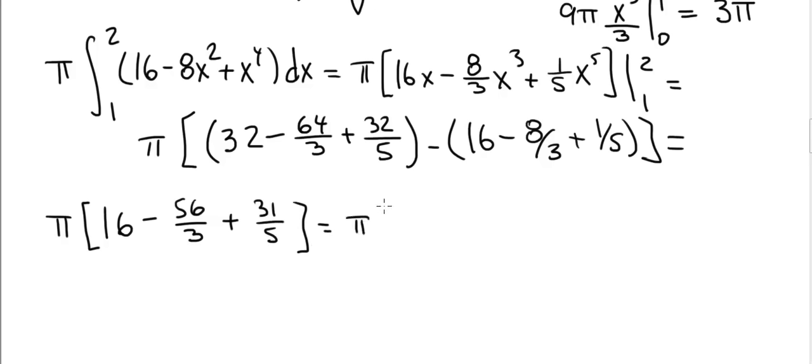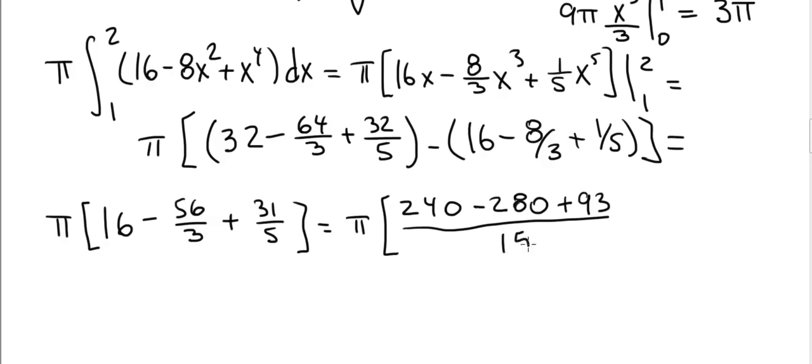This is pi times 16 times 15, which is 240. We have to multiply 56 by 5. That's going to be minus 280. And then 31 will be multiplied by 3. That will be plus 93. All divided by 15. So this is equal to 53 pi over 15.